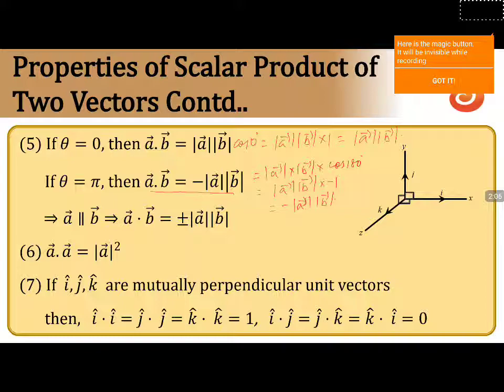And coming to the next property, A dot A can be written as magnitude of A whole square. See how you are going to get A dot A is equal to magnitude of A whole square.